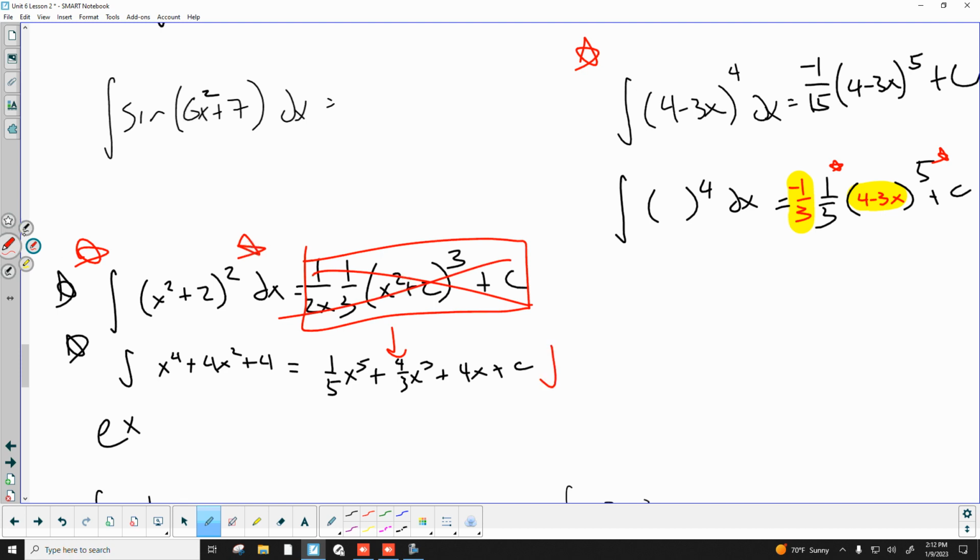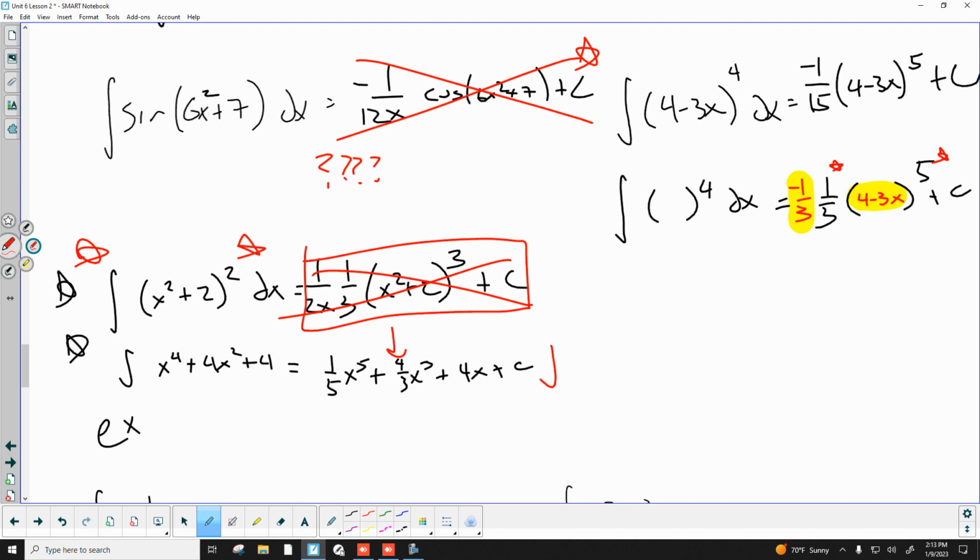You might be thinking 1/12x with the negative cosine 6x squared plus 7 plus c. I'm sorry, you're wrong. Nobody knows how to take this antiderivative. So you're probably like, well, Mr. Messner, what the hell?